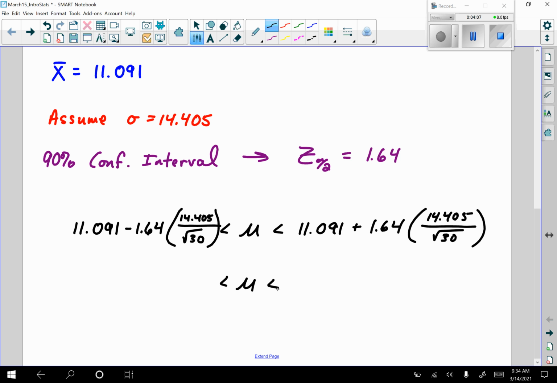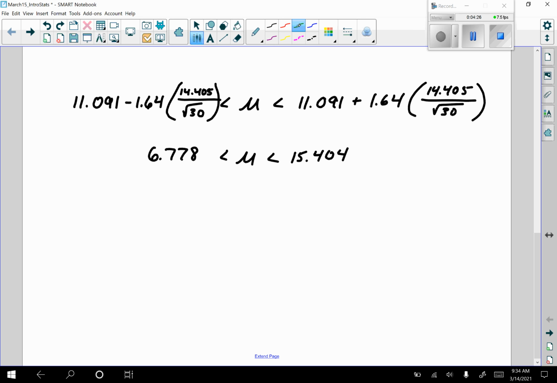All right, so hopefully for the lower value, you were getting a 6.778 once we round. And the upper value of 15.404. So there's our interval, and remember we're going to write out this summary.